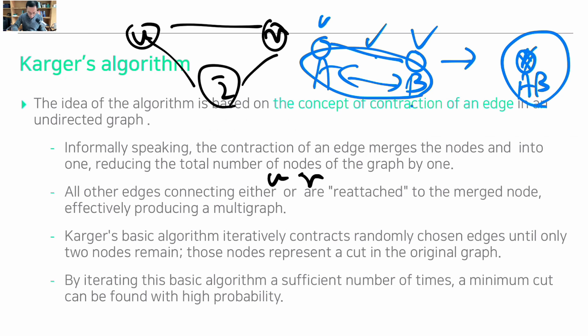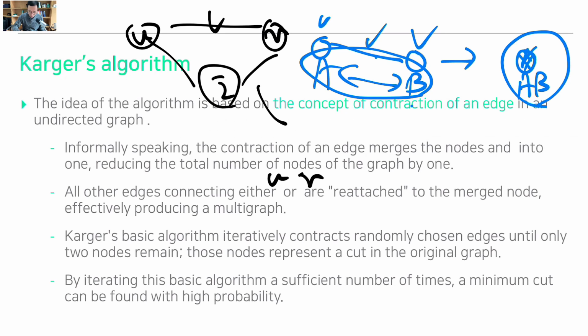So when we select this edge and contract the edge into one node, the remaining edges are reattached to the merged node.